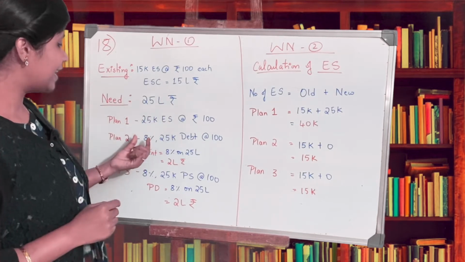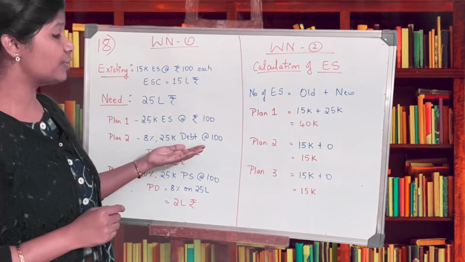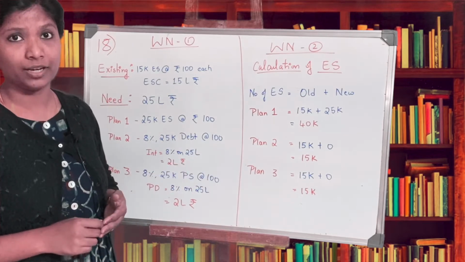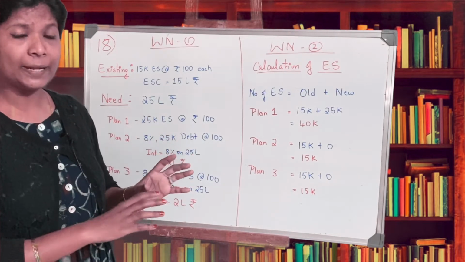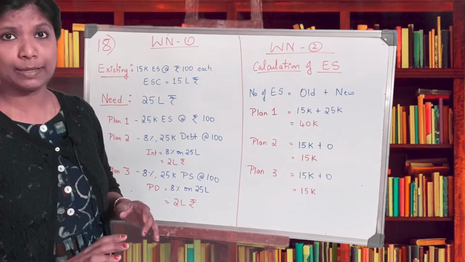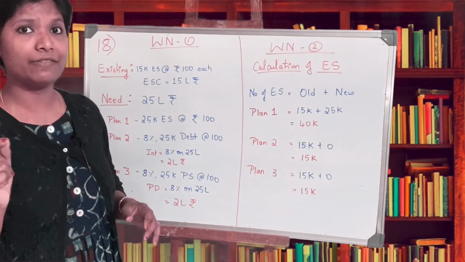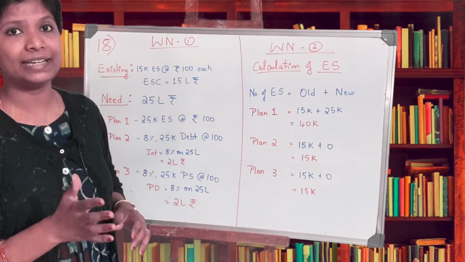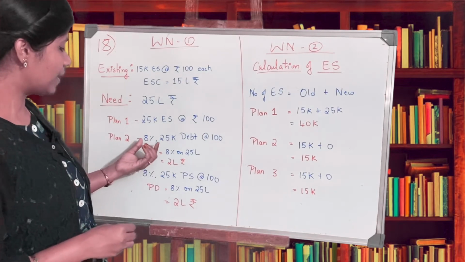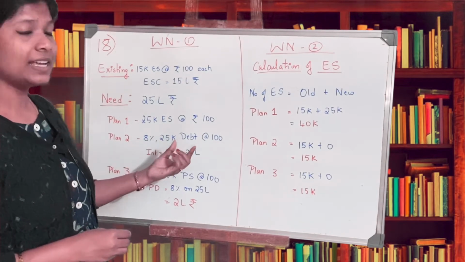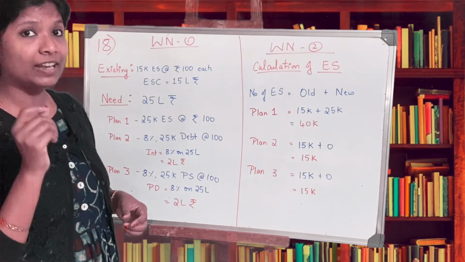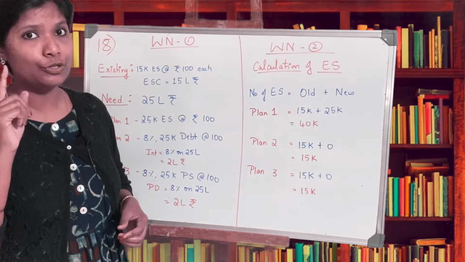Plan 2 is 8% 25,000 debentures at rupees 100. So first plan is completely equity, second plan is completely debenture. They want to raise 25 lakh rupees only through debentures. So 8% 25,000 debentures. Now whenever we are paying debentures, remember we need to pay interest to them.